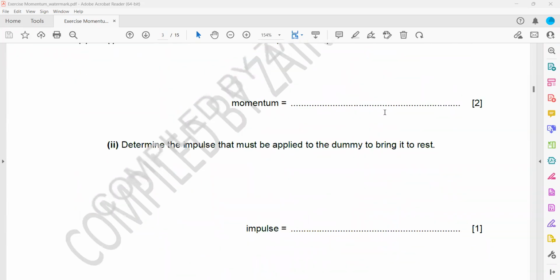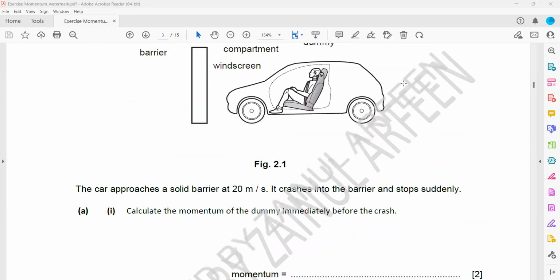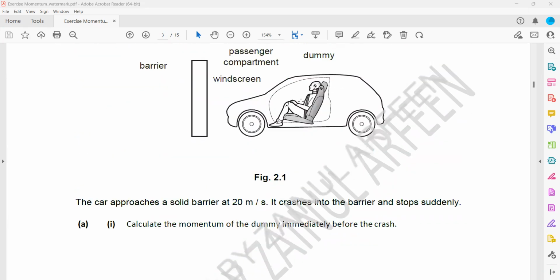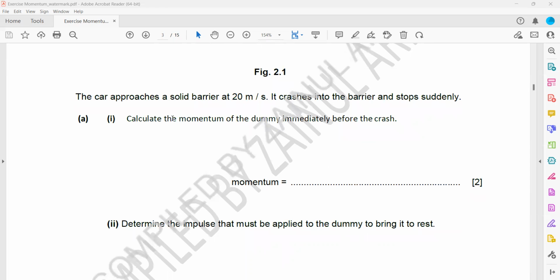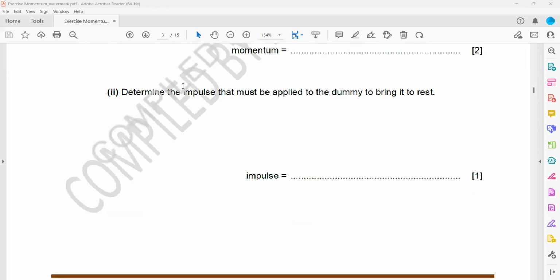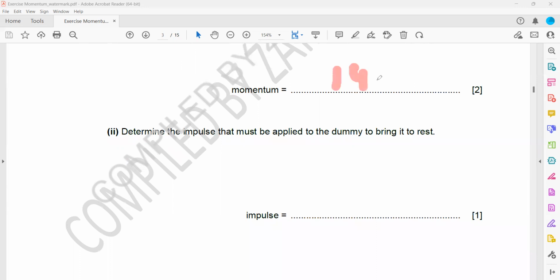Determine the impulse of the dummy. Impulse means the final minus initial momentum. When the car approaches a solid barrier, it crashes into the barrier and stops. So the final momentum is 0. You already worked out the momentum before the crash. This was 1,400 kilogram meter per second.